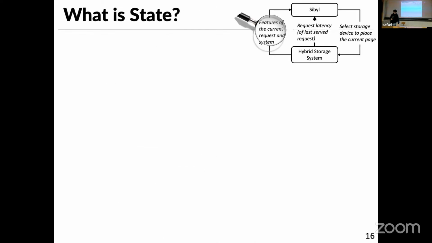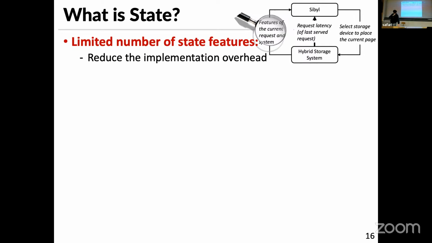So we're trying to minimize the request latency. First of all, what is the state? What does the state look like? In the state, there are a limited number of state features. Unlike other machine learning models in which you might have a very large number of state features that the neural networks are trained on, this first reduces implementation overhead.